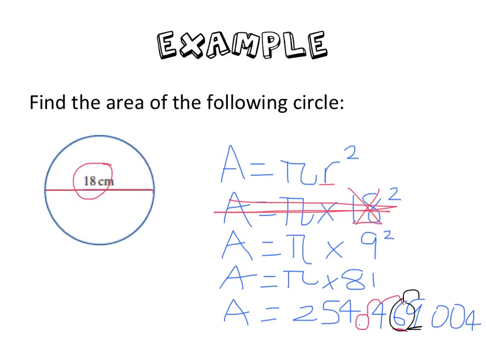This 6 then gets rounded up to a 7. So my answer becomes 254.47. 47 what? Centimetres, and it's area, so squared. And that's it, guys. That's working out the area of a circle.